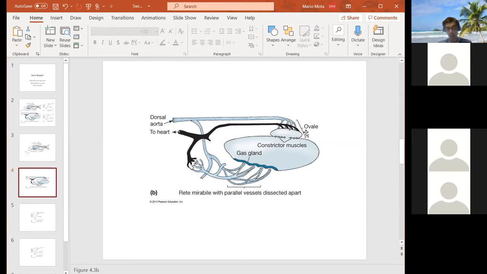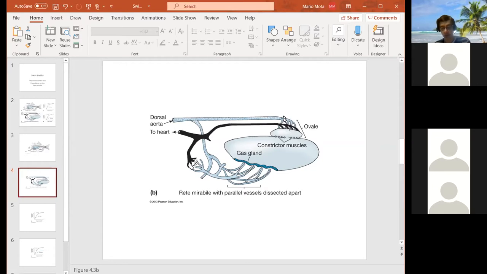So in the ovale, there's the little constrictor muscles, and inside the ovale, there's another capillary. So by opening or relaxing the constrictor muscles, air can go from the gas bladder to that little ovale and then back into circulation.